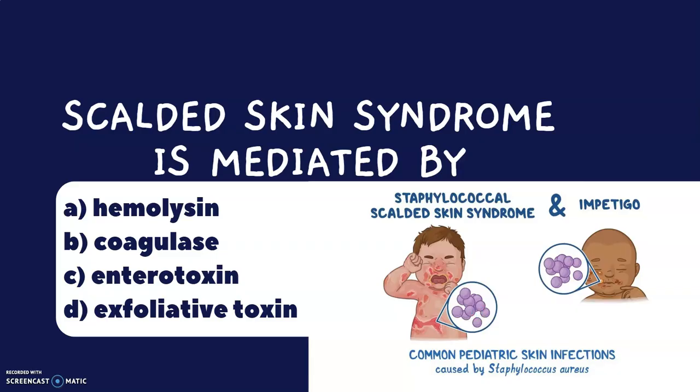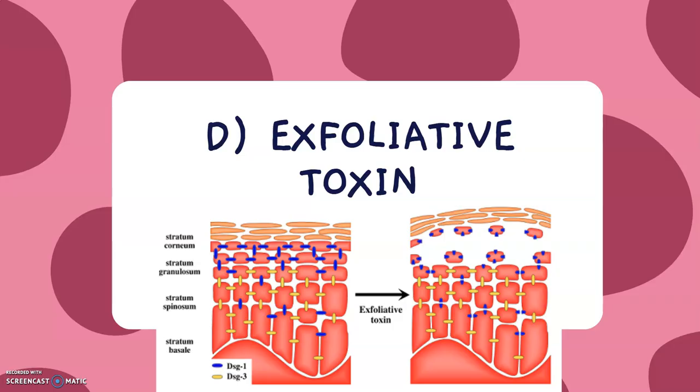The next question is, scalded skin syndrome caused by Staphylococcus aureus is mediated by which of these toxins? Is it hemolysin, coagulase, enterotoxin, or exfoliative toxin? Staphylococcal scalded skin syndrome is a common pediatric skin infection caused by Staphylococcus aureus, and the toxin responsible for this condition is, the answer is exfoliative toxin.